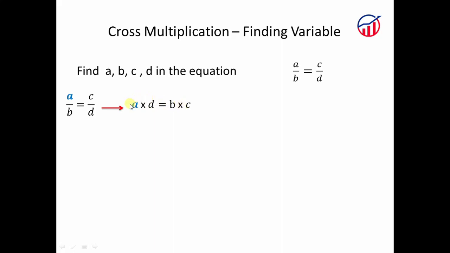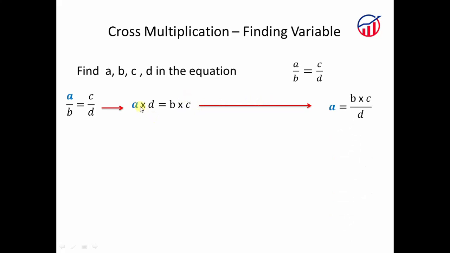Now you see that a is on the left hand side of this equation, and you need to find a. So whenever you want to find anything in an equation, supposing it is on the left hand side, you push all the other things to the right, and if that particular value is on the right, you push all the other things to the left. So how do you go about it?